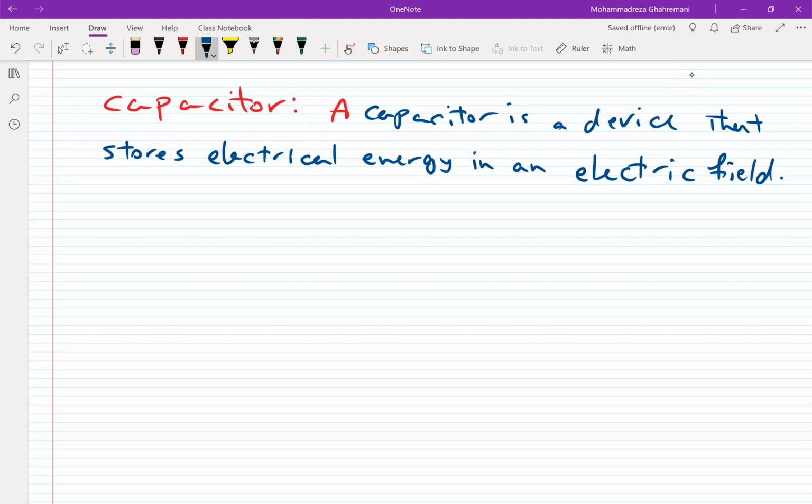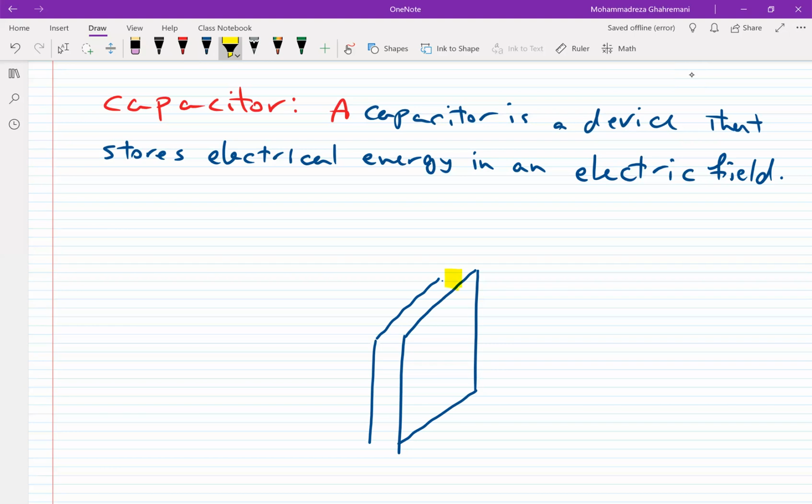Here is a schematic of a capacitor. It consists of two metallic plates, so let's have two metallic plates, with a dielectric material between the plates.